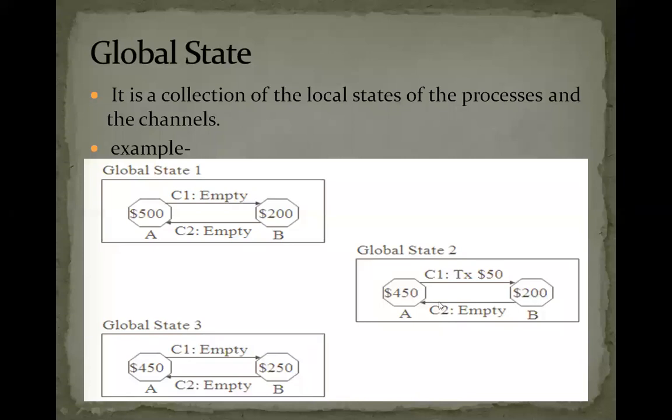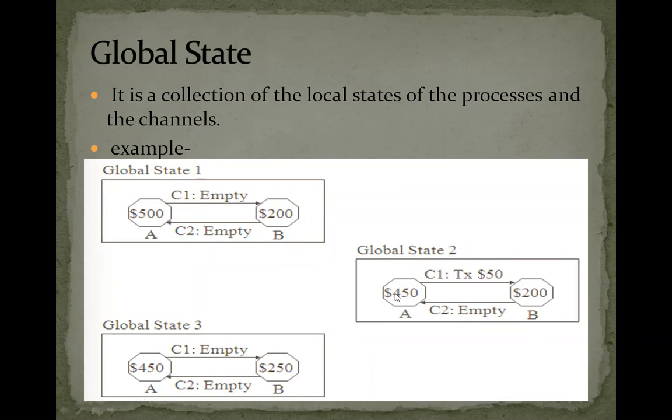Therefore, this recorded global state is going to be inconsistent if n is less than n dash, meaning one value is less than another. And what is n? n is the number of messages sent by A along the channel before the A state was recorded.